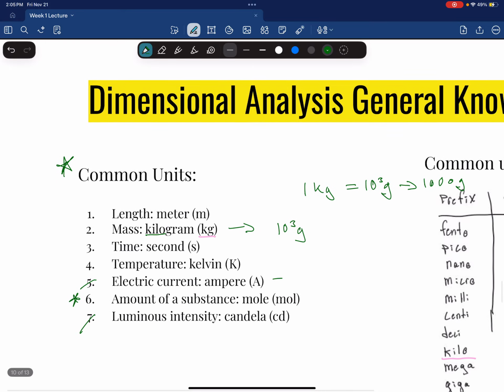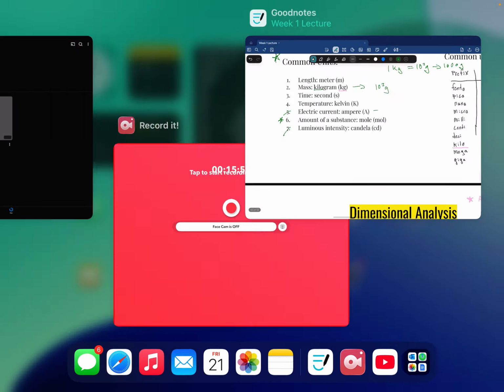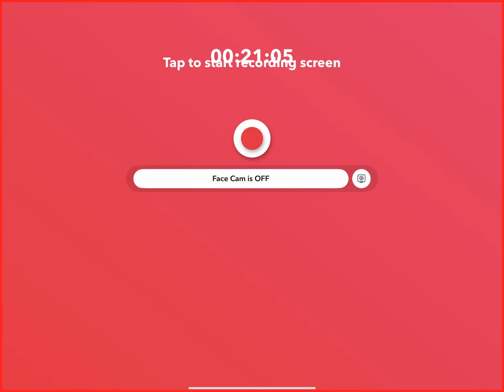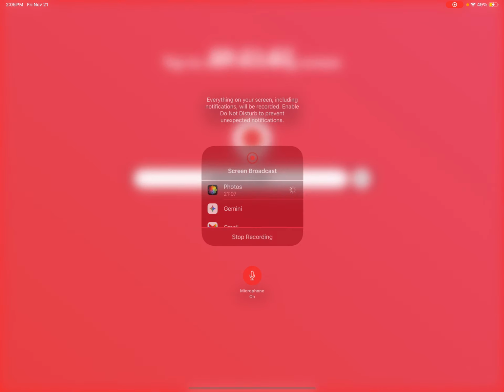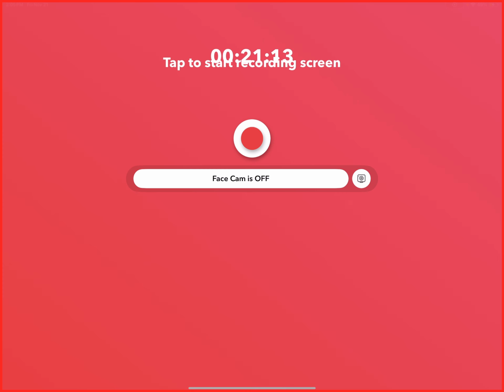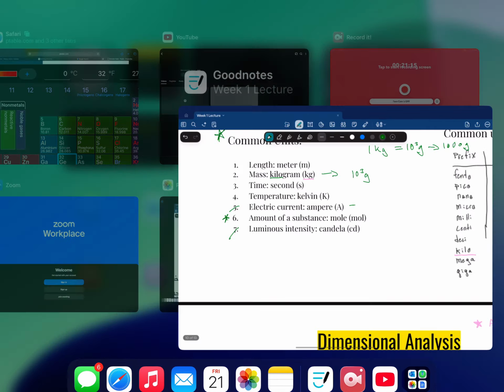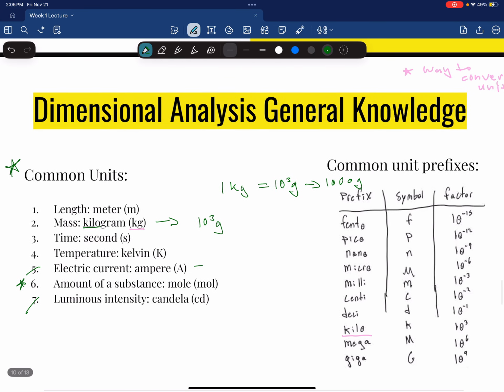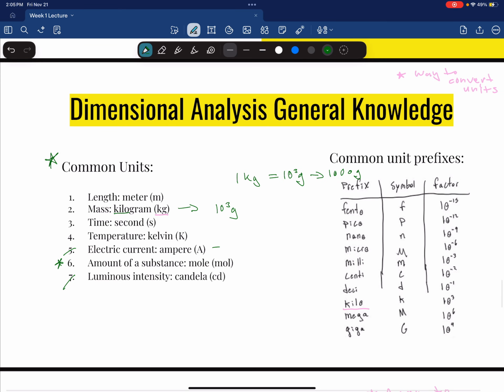All right, so now we're going to cover dimensional analysis, which is basically going to show ways to convert units.